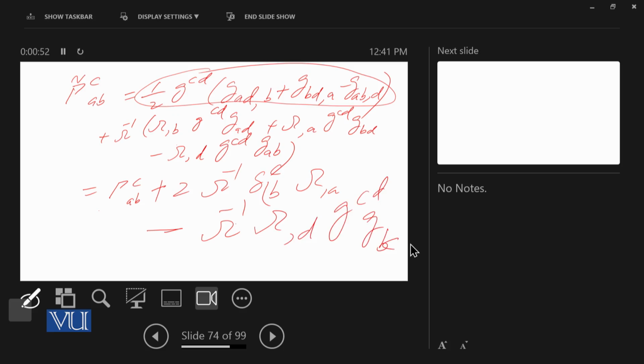So this is the Christoffel symbol when we take the conformal transformation.